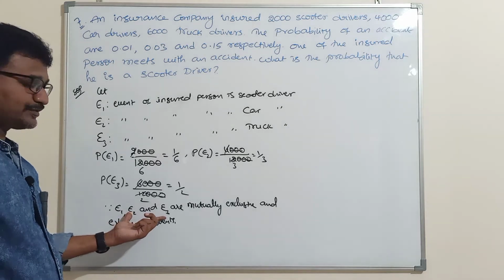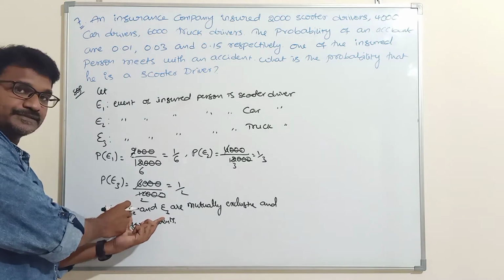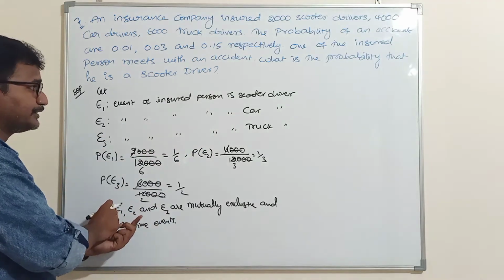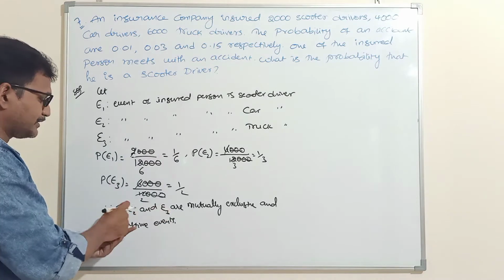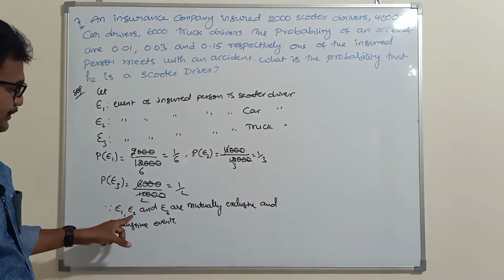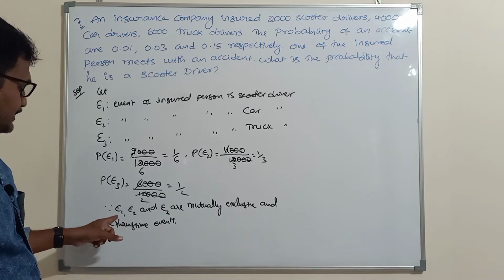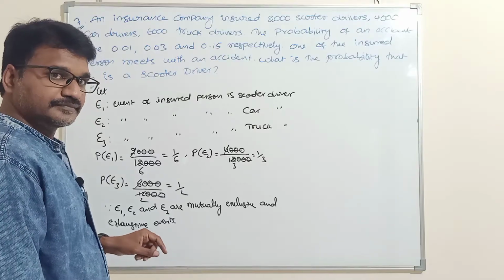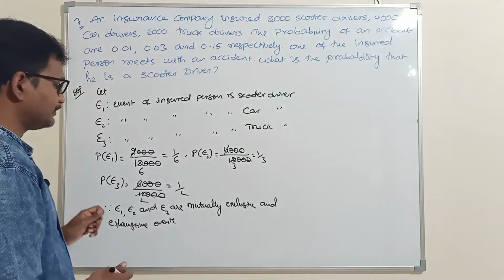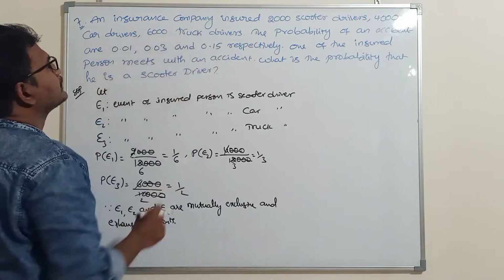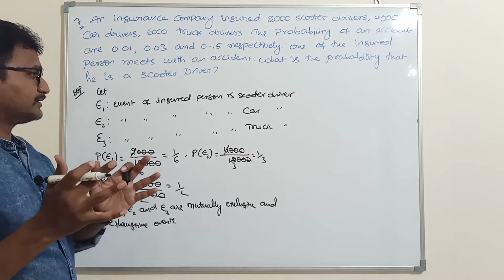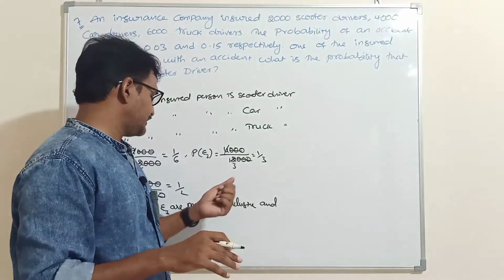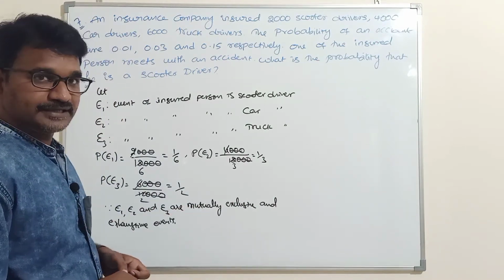Similarly, there is no relation between scooter driver and truck driver. E1 intersection E2 intersection E3 is the null set. Next, if you observe, the total number of persons is 12,000. That means E1 union E2 union E3 is equal to the total number of drivers: scooter drivers plus car drivers plus truck drivers is equal to 12,000. So that's why they are exhaustive events and mutually exclusive events.